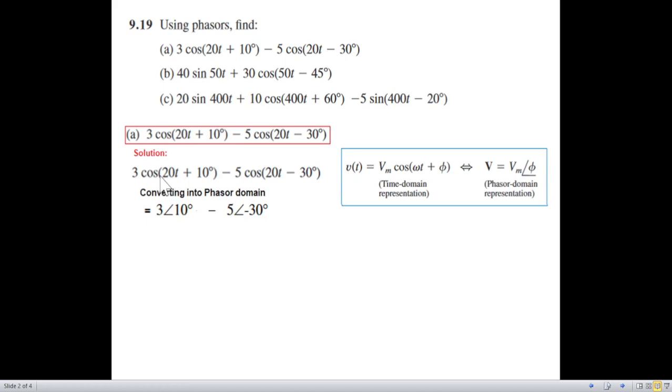So from here, we can directly convert this magnitude and angle into phasor form. Similarly here, minus 5 and angle minus 30.